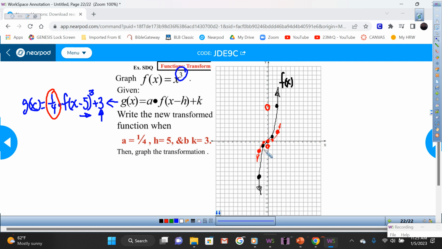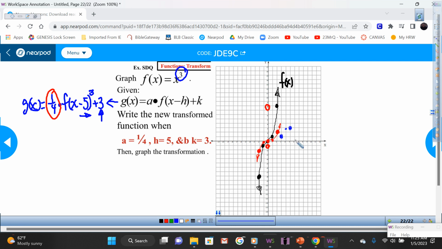So I'm going to start right here. This one right here. 1, 2, 3, 4, 5. 1, 2, 3. This one right here. It's close to the x-axis, so we go 1, 2, 3, 4, 5. 1, 2, 3. This one right here, 1, 2, 3, 4, 5. 1, 2, 3.